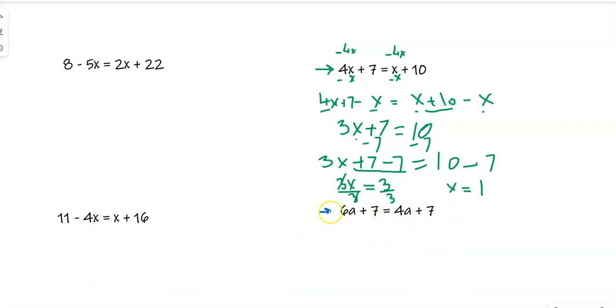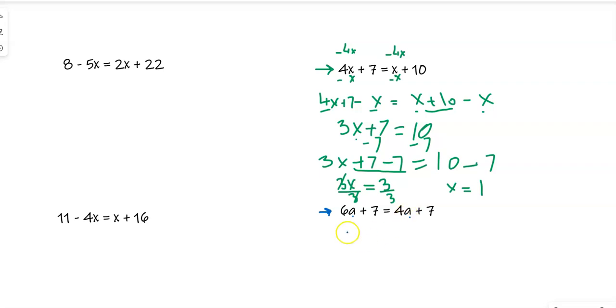So we don't have to deal always with x. We can use any other letter of the alphabet here. So again, before we start eliminating a variable on one of the sides of the equation, we can think about which would be easier to subtract or add, right?